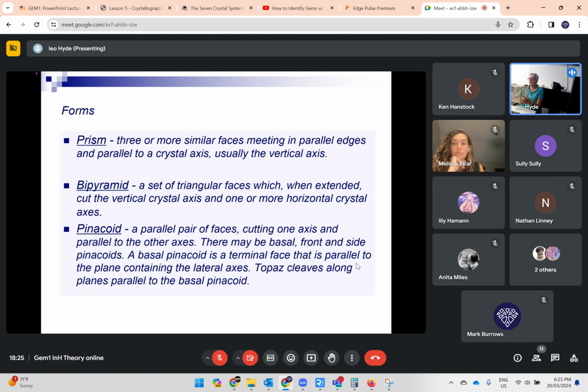Now, when they're talking about these systems, they presume that when the crystal was being made from all its little unit cells, they start at the beginning and they grow outwards. They presume when we're talking about the faces that the actual axes go through the centre of a face. Okay?